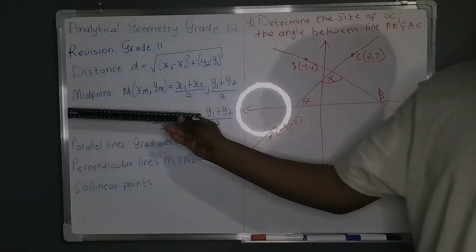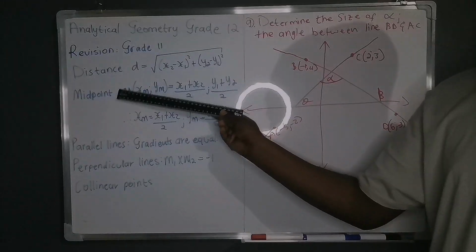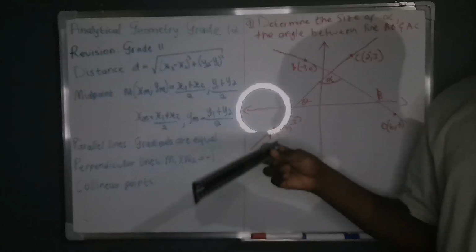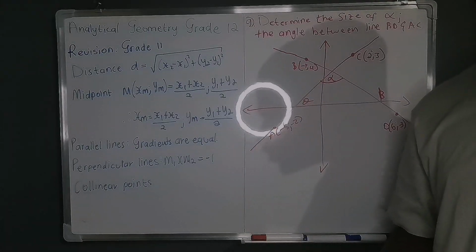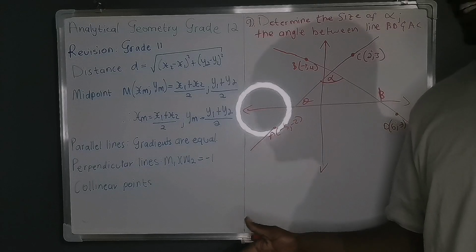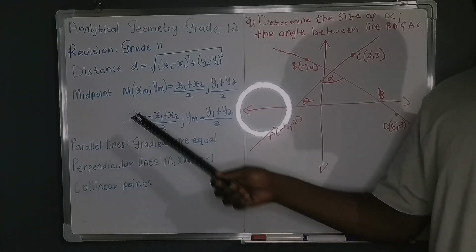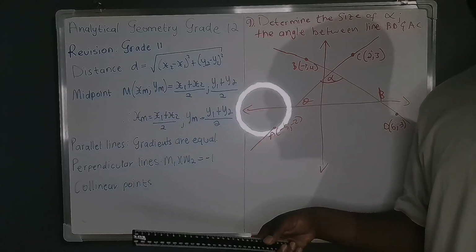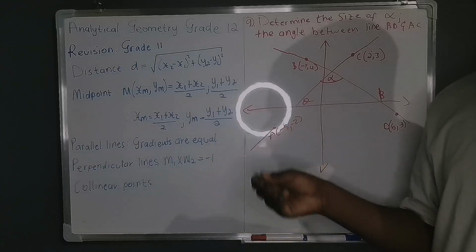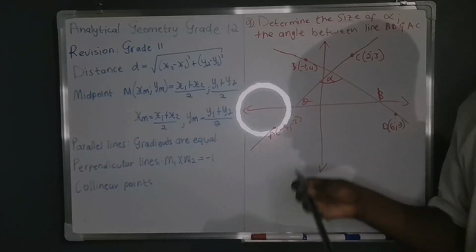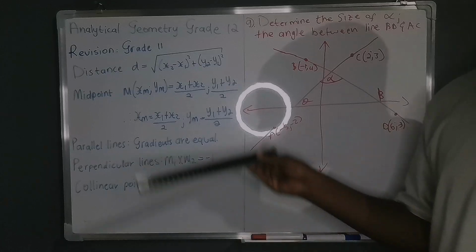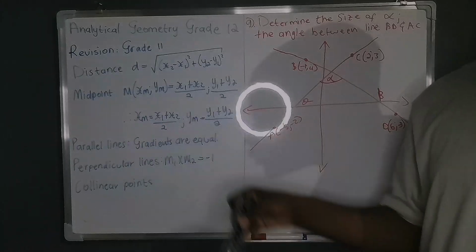Then the next one is midpoint, denoted by M. The midpoint is the middle point between 2 other points on a line. In the examination they will tell you point B or point C is the midpoint of line AB. For you to apply this formula, they need to tell you that.